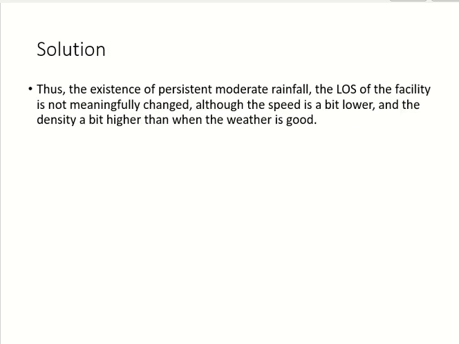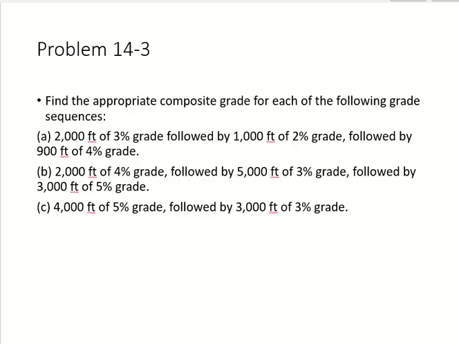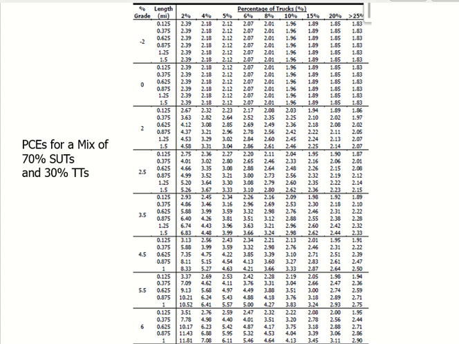So this one. Now the gradient 3.5% and the length 1.25 miles. I need to insert the percentage of trucks, which is 10%, right? So 10 is this one.